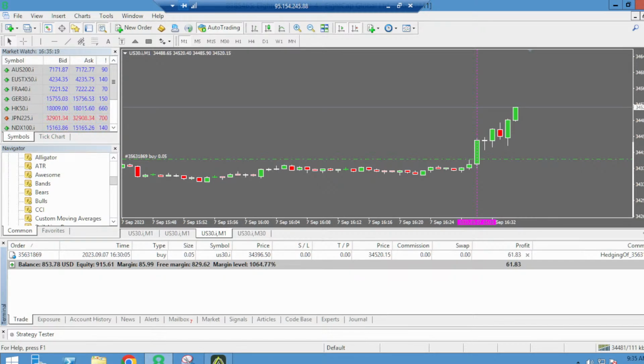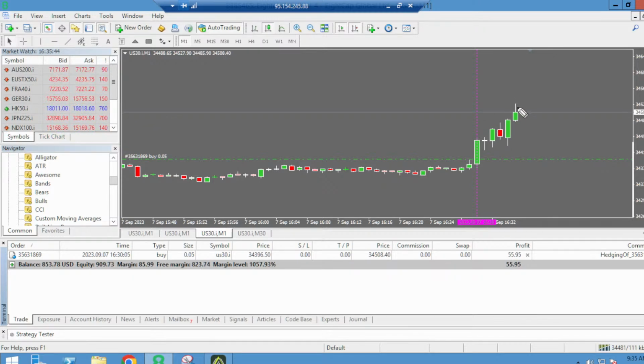And it's blowing through that institutional level, going to our next level. And this is the type of price action I like. You guys can see that we're already at $60 approximately. And you can see our drawdown is decreasing very, very fast.